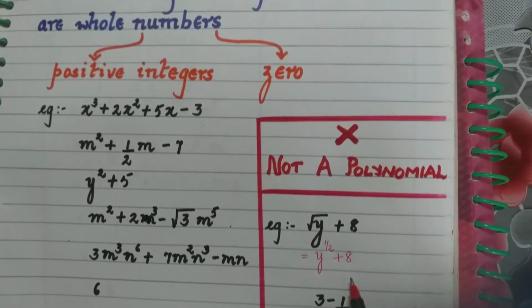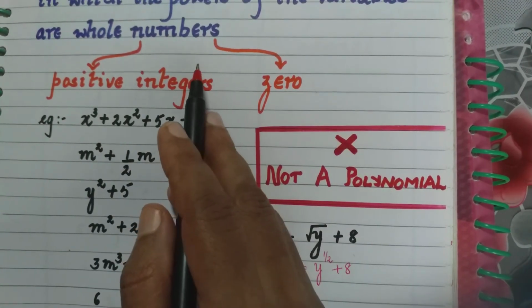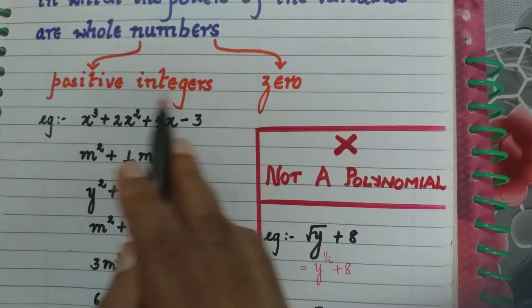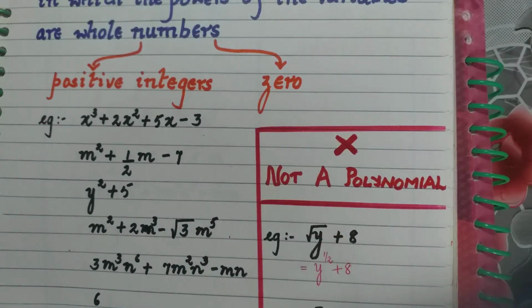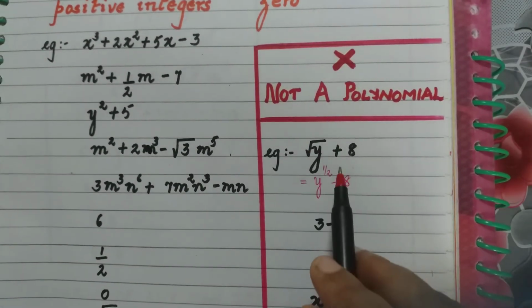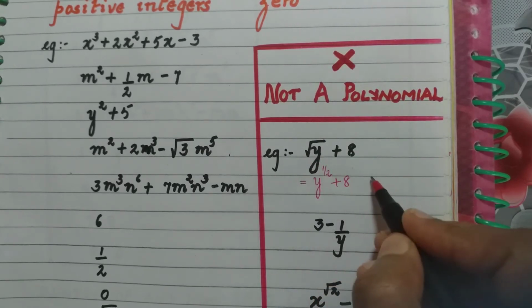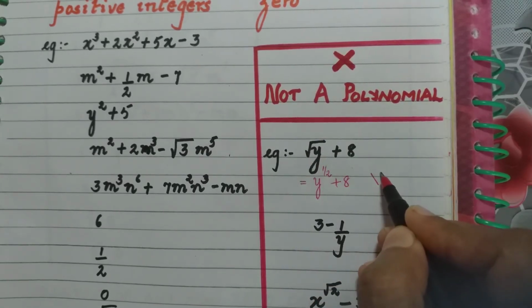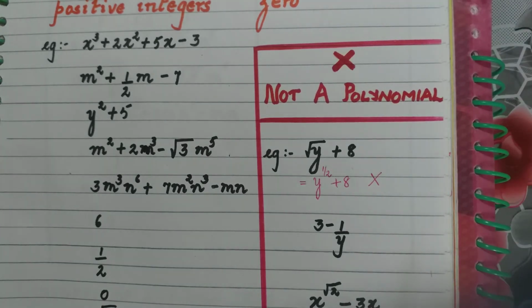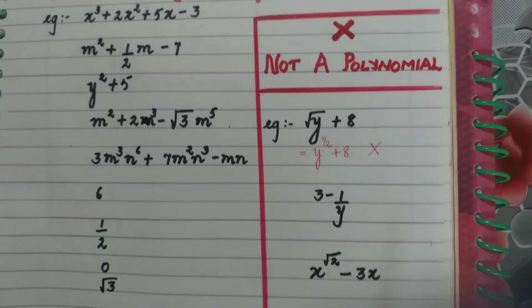What did we say when we defined a polynomial? The power should be either positive integers or 0. Is this a positive integer? No, it is not a positive integer. Therefore, this will not be a polynomial.